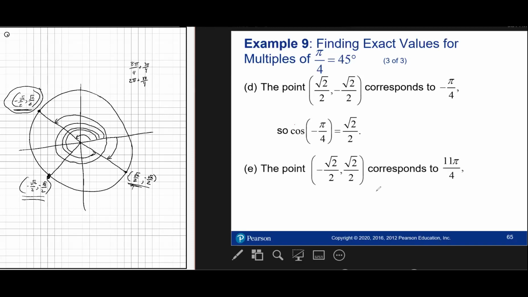Yeah, one of the trig identities we have is the cosine of theta equals the cosine of negative theta. So the cosine of 45 is the same as the cosine of negative 45.